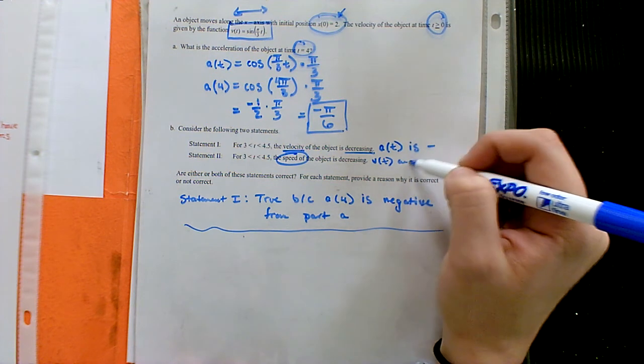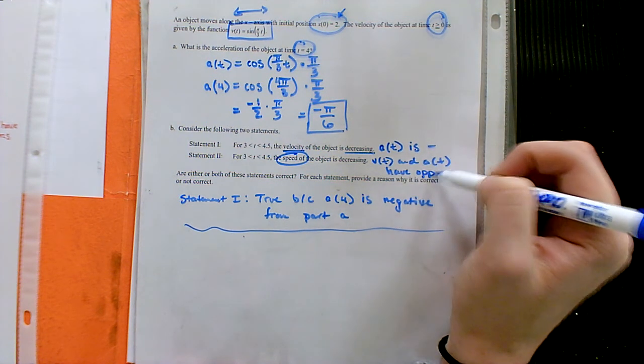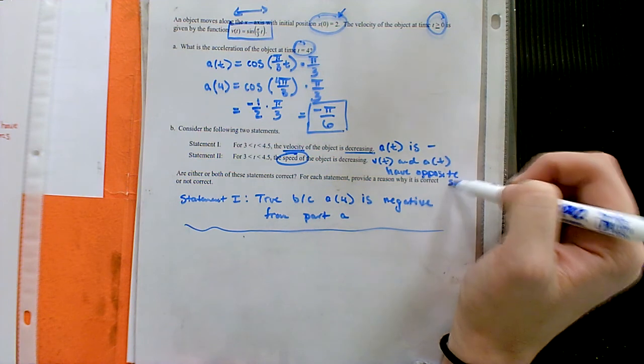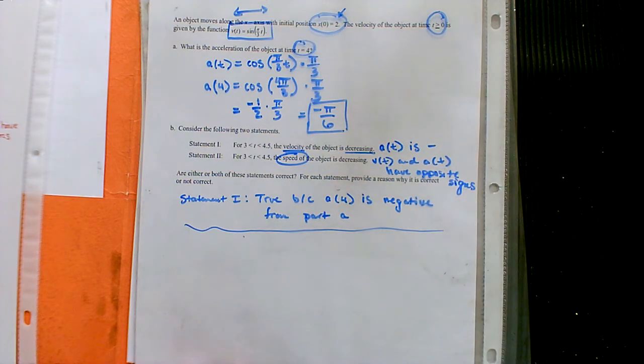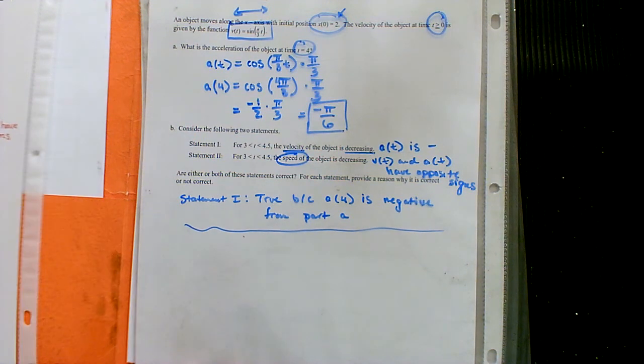Yes. So V of t and A of t have opposite signs. All right, so let's think about this. We already said that A of t is negative, okay, because we saw that in part A. How can we test to see if V of t is negative or positive? How can we see if it has an opposite sign or not?